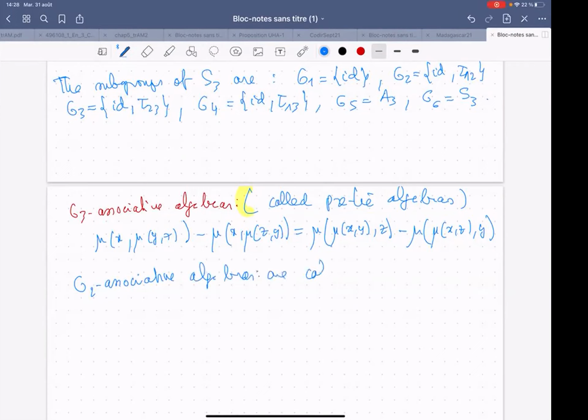These are called Vinberg algebra. Okay, they are somehow left pre-Lie algebra. And this pre-Lie algebra, you can also find under the name right symmetric algebra.